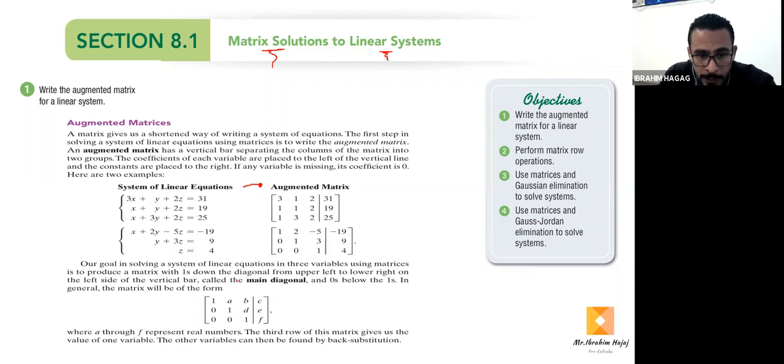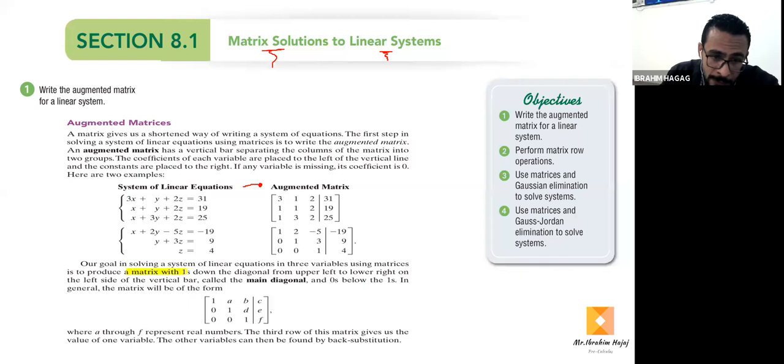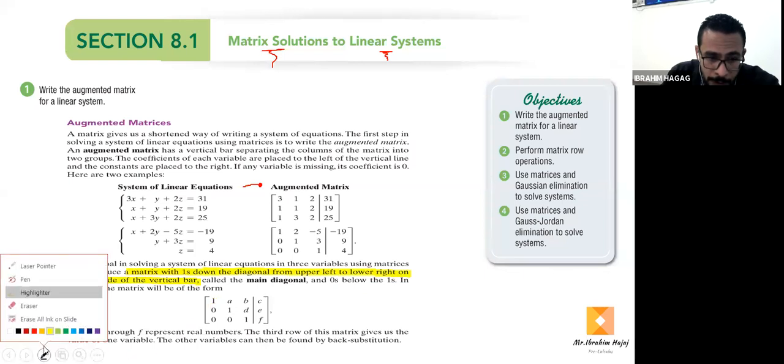Okay, so our goal is to solve a system of linear equations in 3 variables using matrices and produce a matrix with ones down the diagonal from upper left to lower right on the left side of the vertical bar. Pay attention, please. So our goal here, guys, is only to change all these 3 and 1 and 2.